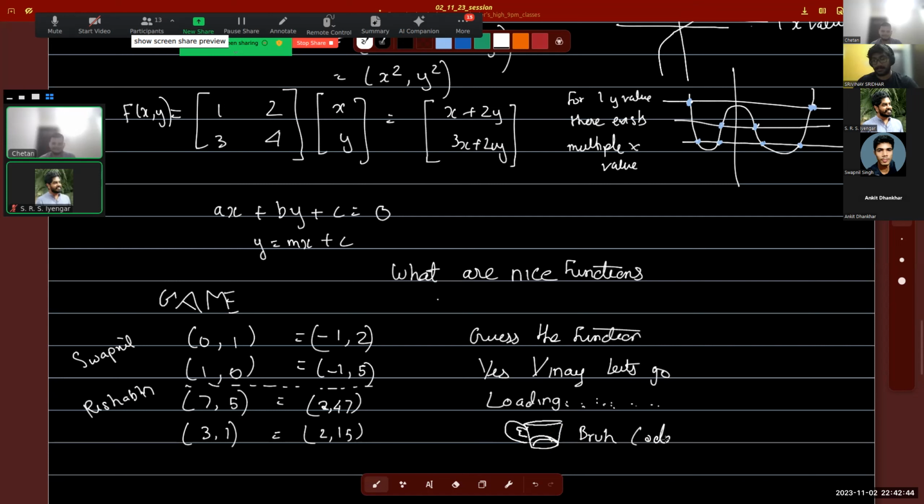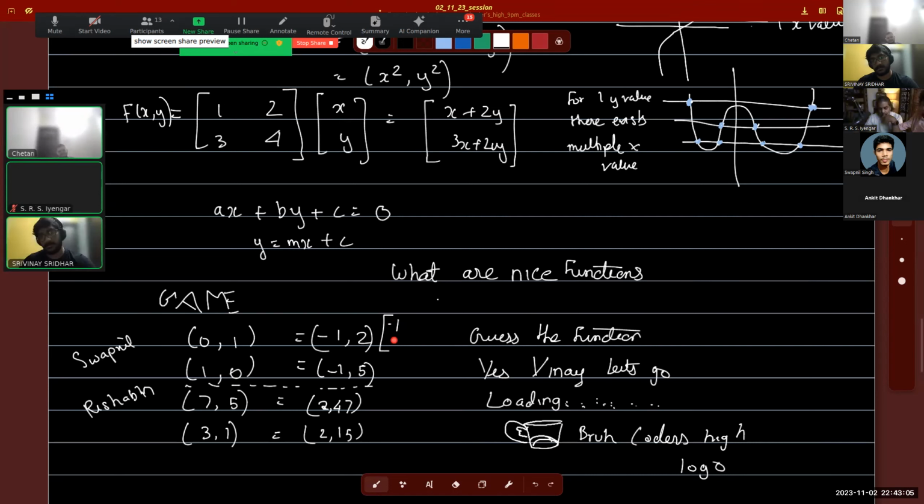On the first column, you can write -1 and 5, and on the second column, -1 and 2. Column wise, right? Yes, -1 and 5 column wise, and -1 and 2.